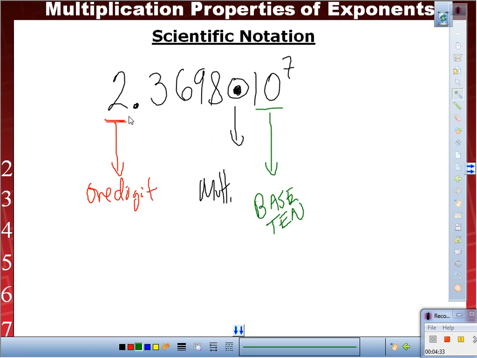But in scientific notation, the digit to the left of the decimal can only be from 1 through 9. Is everybody following so far? All right, so now watch. Why is this so important? Because in the scientific world and in mathematics, they use scientific notation to write big numbers in a smaller way and to compute different amounts. Is everybody paying attention?